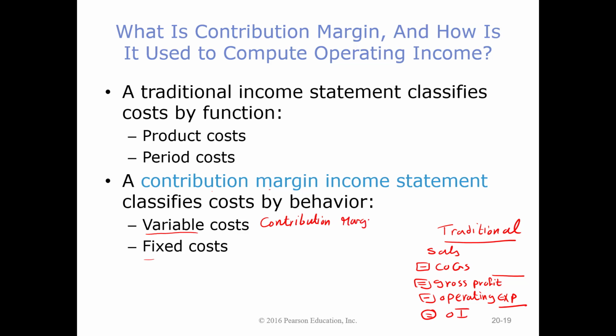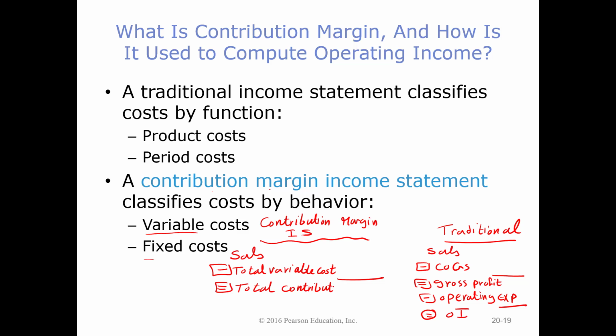It will start with sales, but then I will start by covering first the total variable cost to get what we call the total contribution margin, minus fixed cost, or total fixed cost, equals operating income. This is what we call the contribution margin income statement.